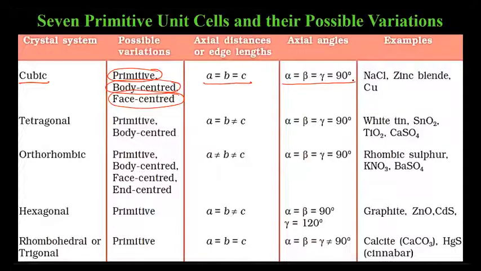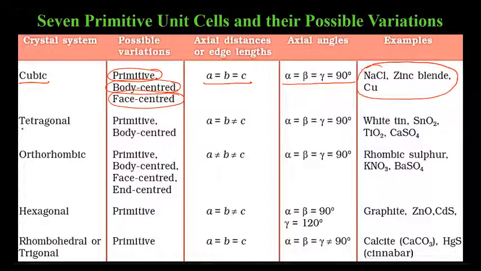And you know, if you form a cube, all the sides are equal and all the angles are 90 degrees. The only important point is that you need to remember the examples also because these are asked. Give an example. Sodium chloride, zinc blende, meaning ZnS, and Cu, copper, are the examples. So you need to memorize these things.